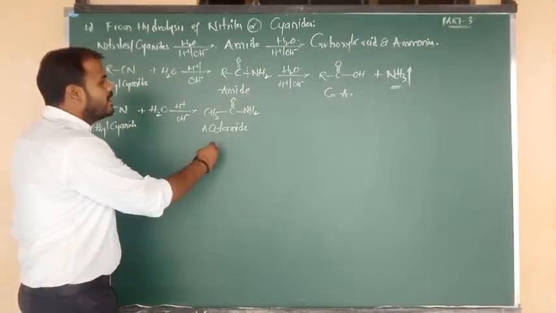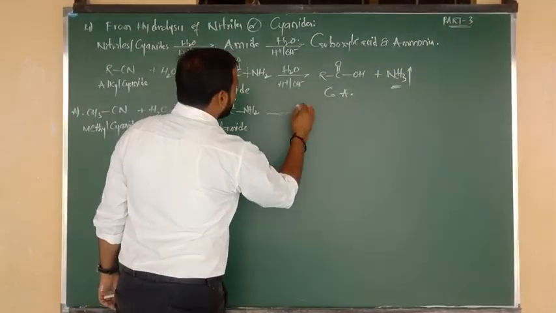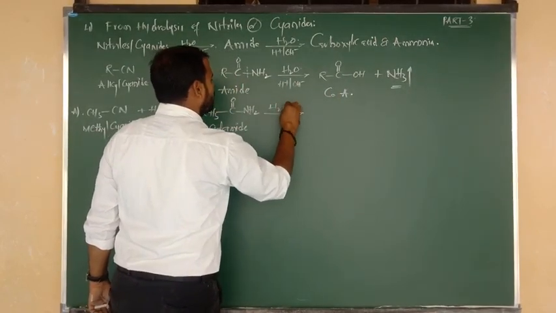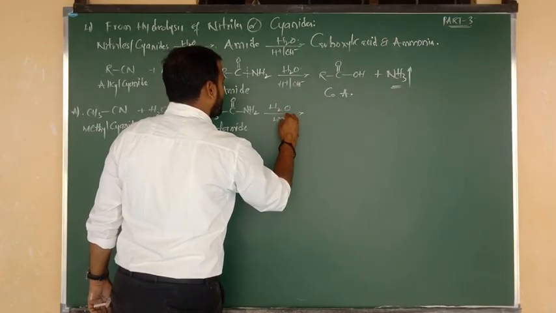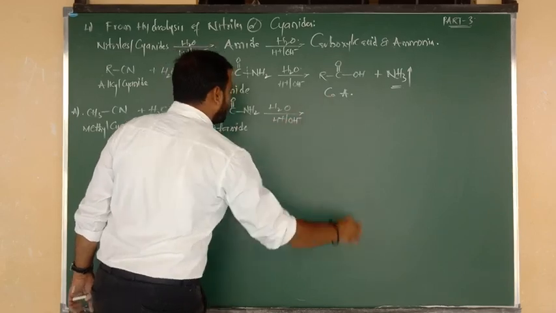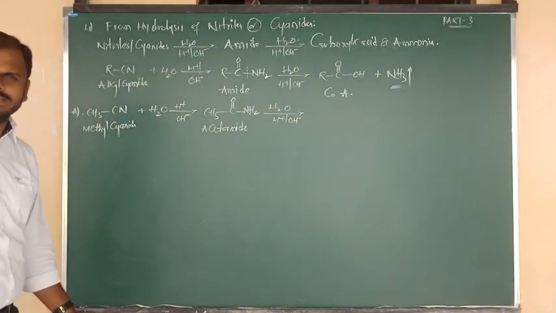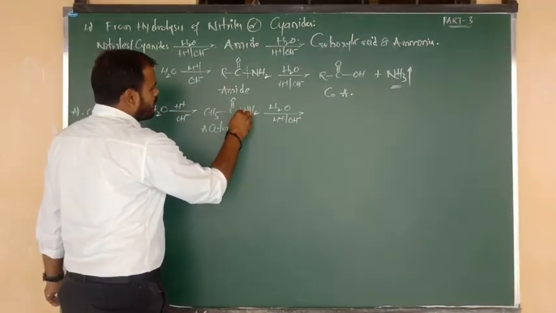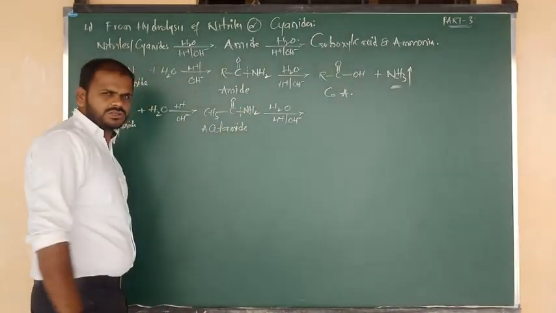Such acetamide again undergoes hydrolysis using another mole of water molecule. Again we can proceed with the reaction in acidic or basic medium. Upon hydrolysis of an amide, bond breaking takes place between carbon and nitrogen.